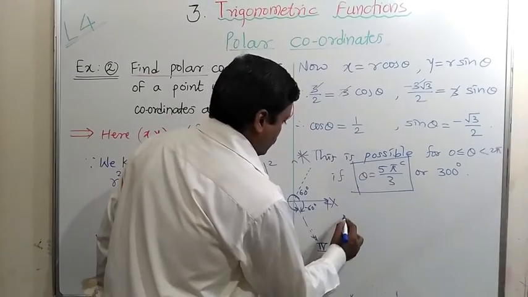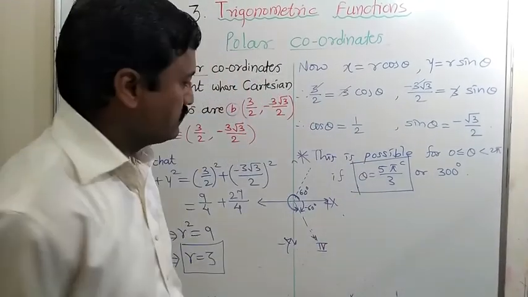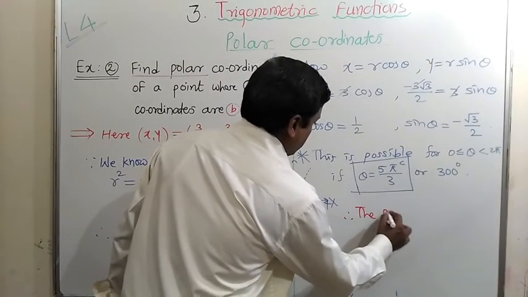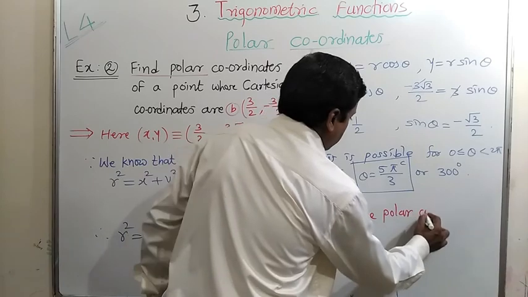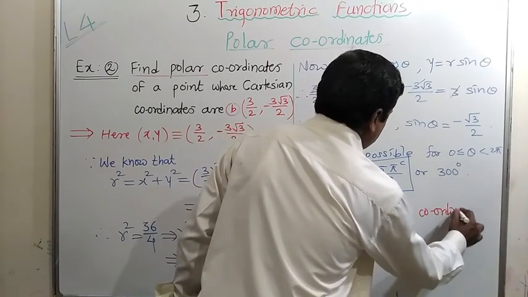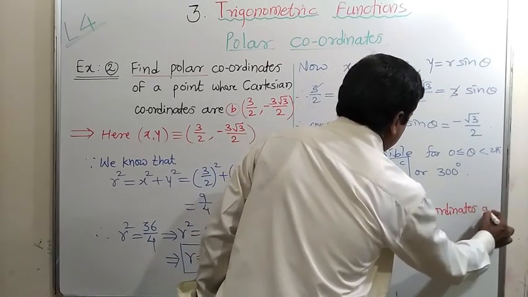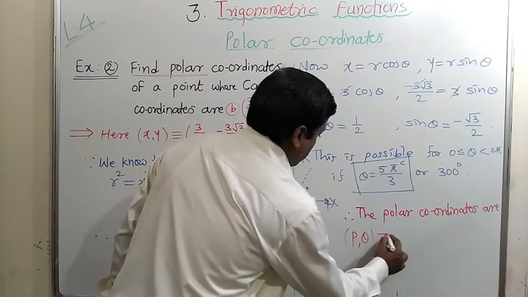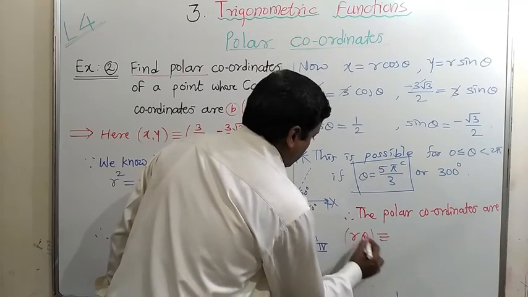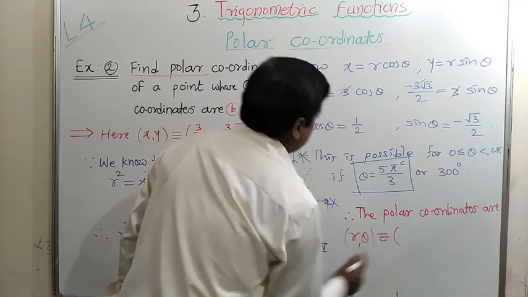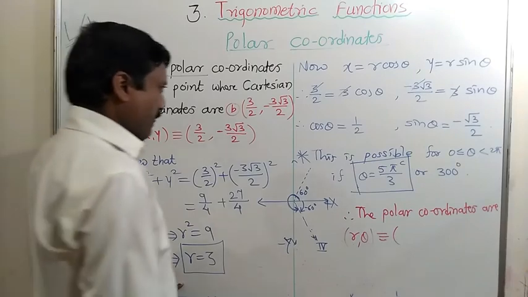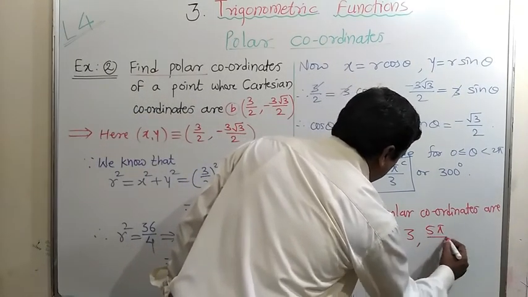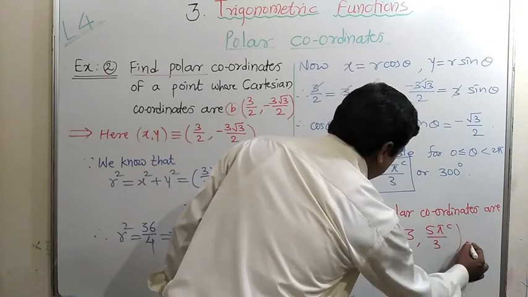Therefore the polar coordinates are r, theta, where the value of r is 3 and theta is 5 pi by 3 radian.